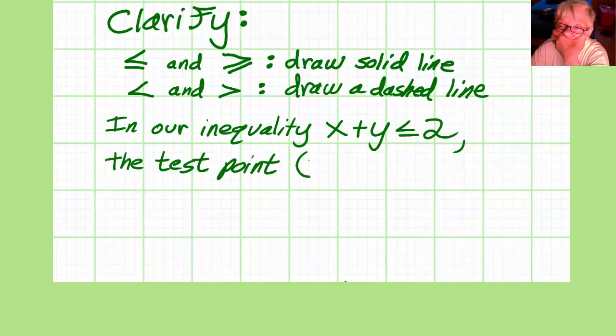When 0, 0 is not on the line, not on the boundary, you always want to use 0, 0 because it's so easy. When you put a 0 in for the x and a 0 in for the y, you get 0. It makes calculating very, very easy, but you don't have to use it.